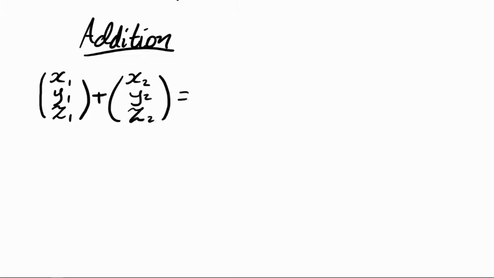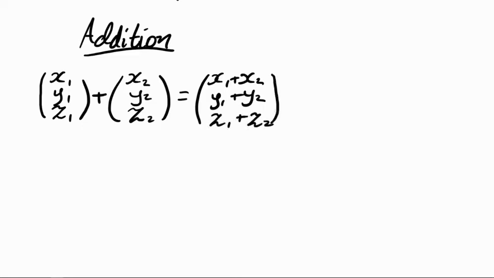If we have one vector x1, y1, z1, and we want to add it to another vector, which we'll write x2, y2, z2, we get simply x1 plus x2, y1 plus y2, z1 plus z2. We just add together each coordinate individually.